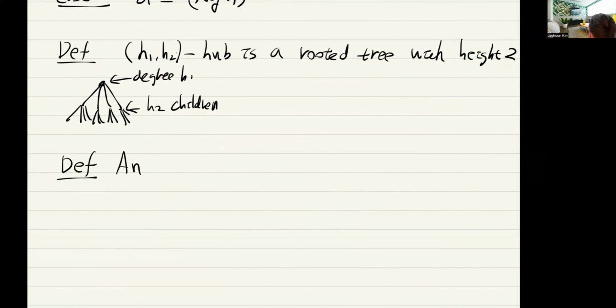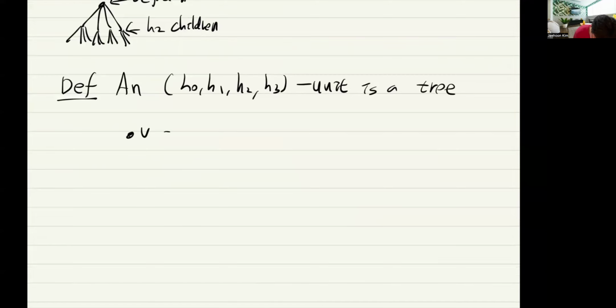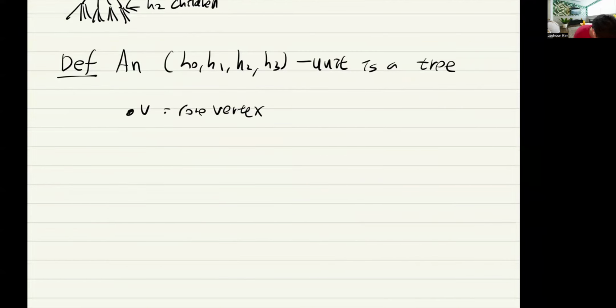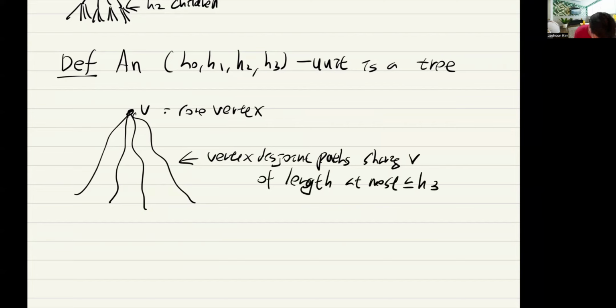And let's say an (H0, H1, H2, H3) unit is a tree consisting of a core vertex and internally vertex disjoint paths, sharing only the core vertex, of length at most H3. And how many paths?